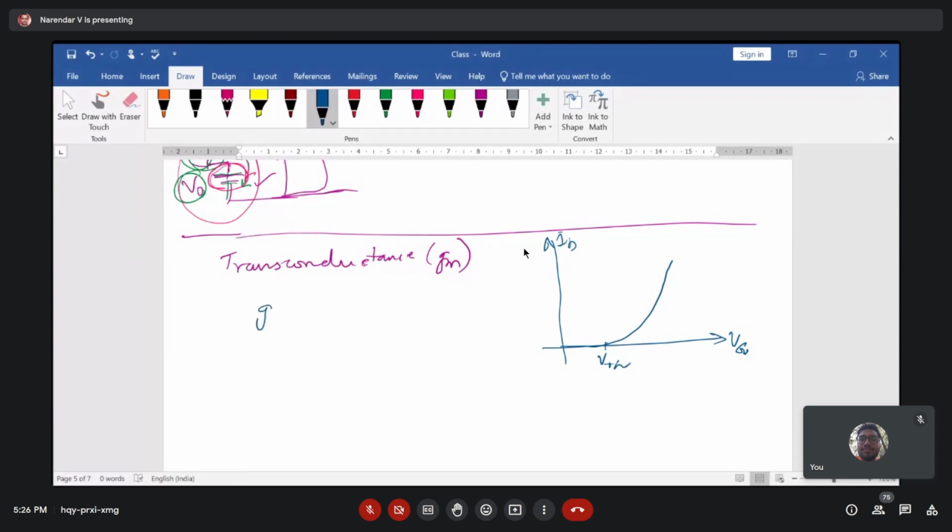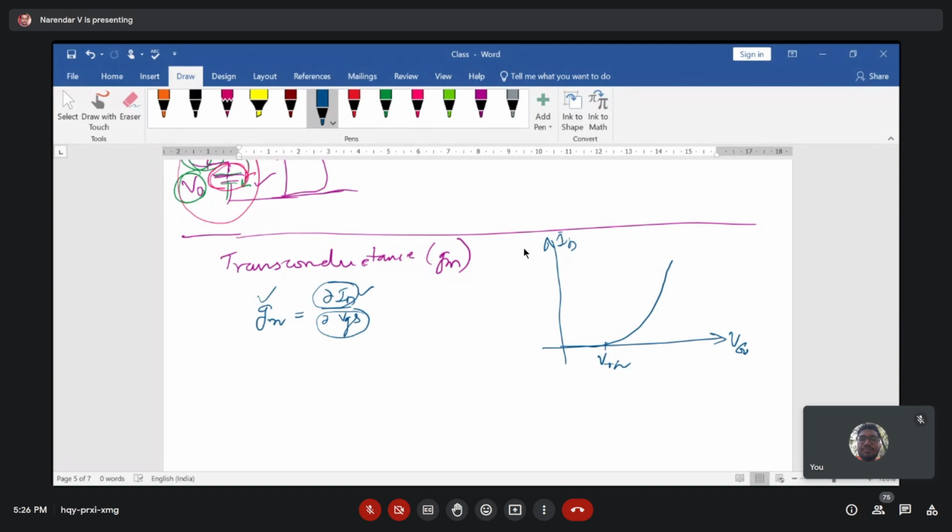And GM, we are aware, is the change in your drain current with respect to the change in your gate to source voltage, dID by dVGS. So the amount of change in the drain current with respect to the change in your gate voltage gives you the transconductance, right?